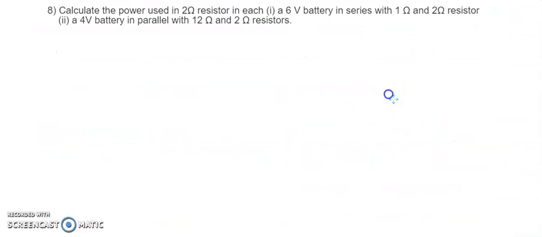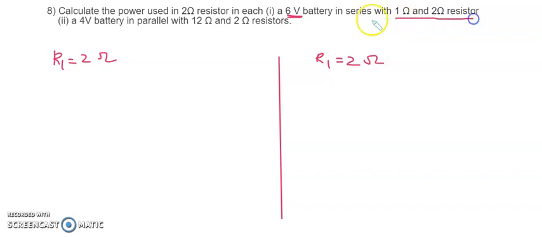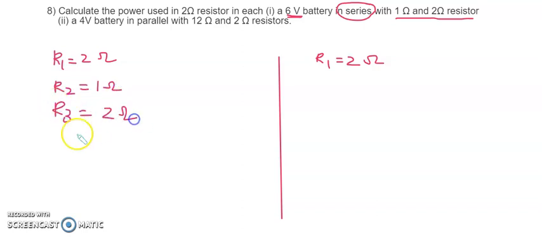The next is again two cases. So let me make it two: part 1, part 2. Right? So they are saying there is a resistor. Let me write it as 2 ohm in both the cases. So in the first case, we have a voltage of 6 volt and two more resistors connected in series. Let me write R2 as 1 ohm, R3 as 2 ohms.